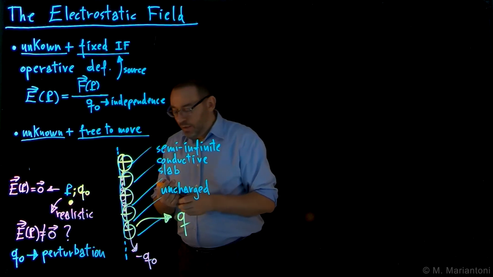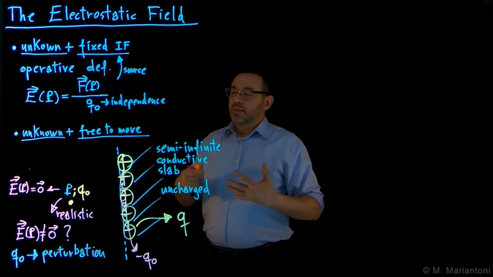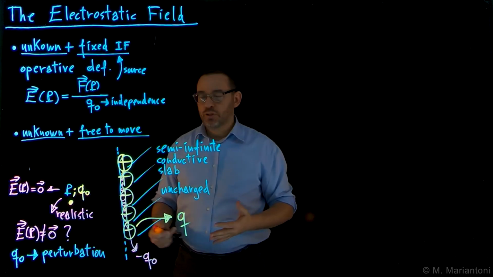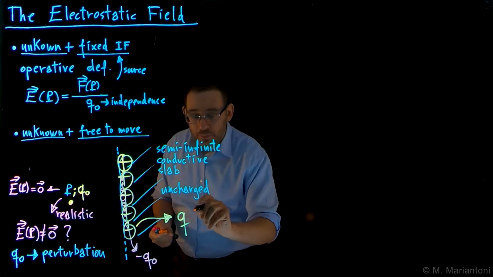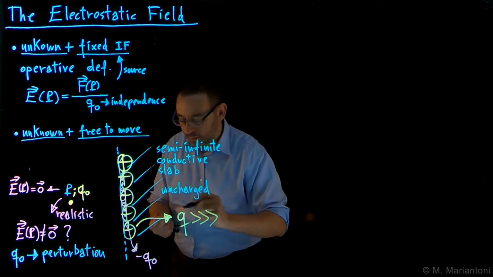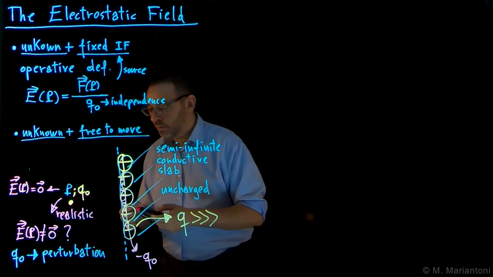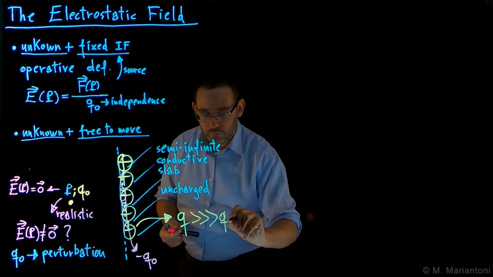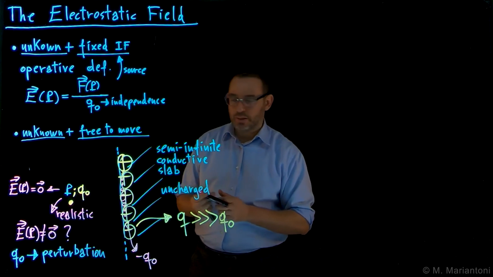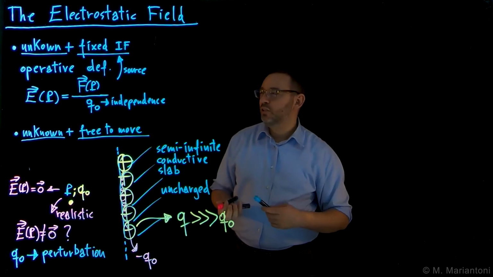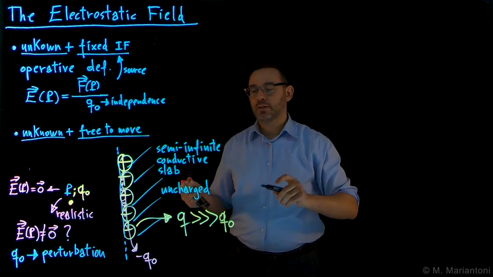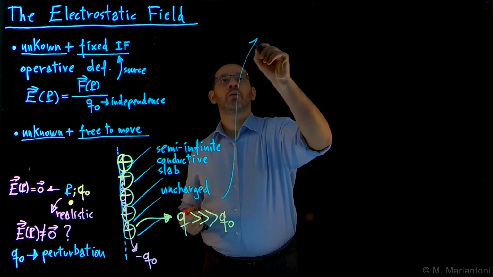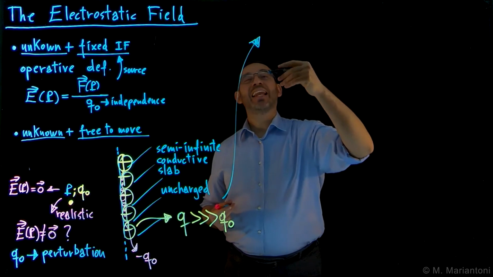So, in your opinion, when does this test charge not perturb too much the experiment? Well, when Q is much, much larger than my charge Q naught, which we can typically do in experiments. So, in other words, the operative definition of electric field under these conditions becomes a limit.